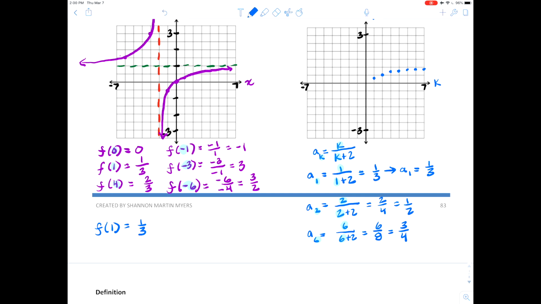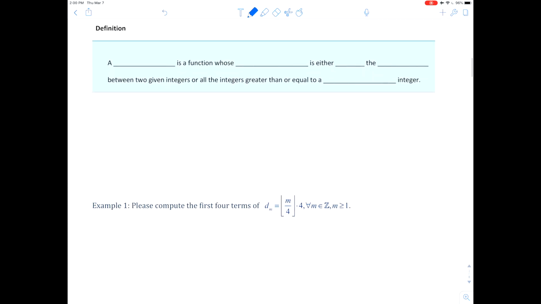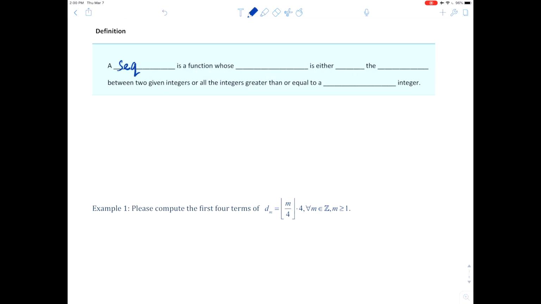Cool? All right. So here we go. Let's take a look at some of the nuts and bolts here. So officially, in this text, a sequence is a function whose domain is either all the integers between 2 given integers, or all the integers greater than or equal to a given integer.